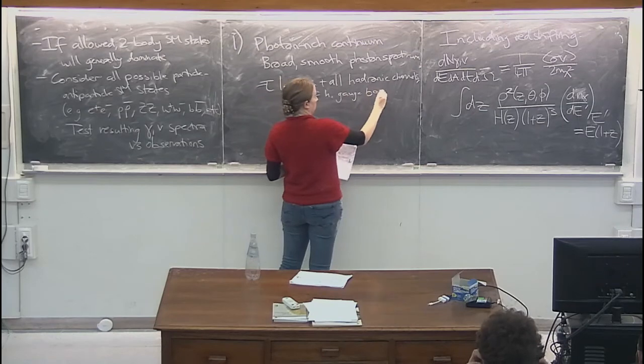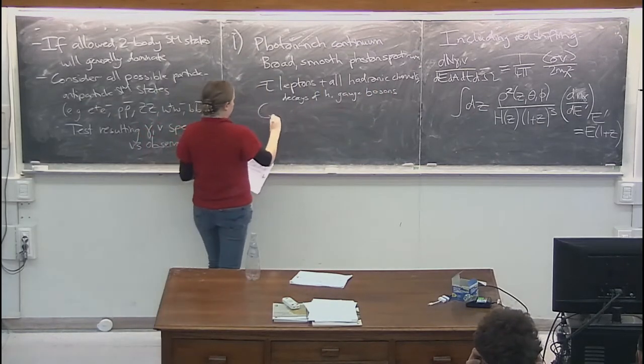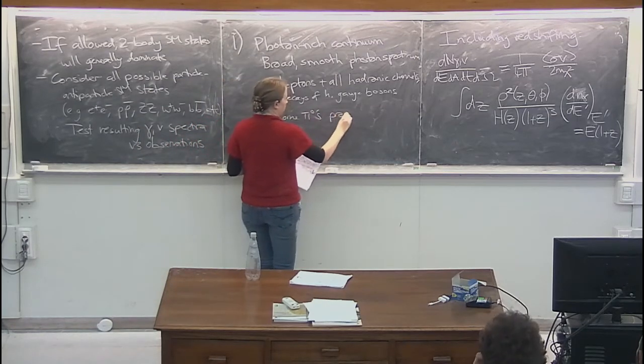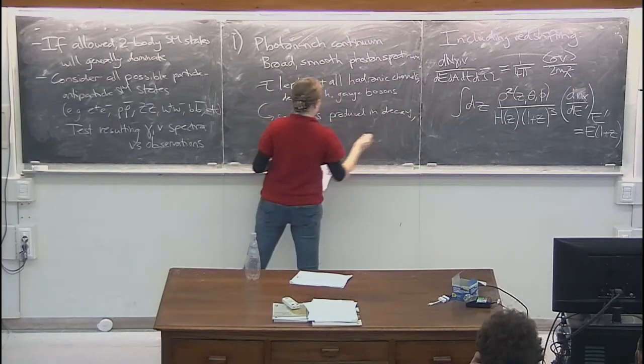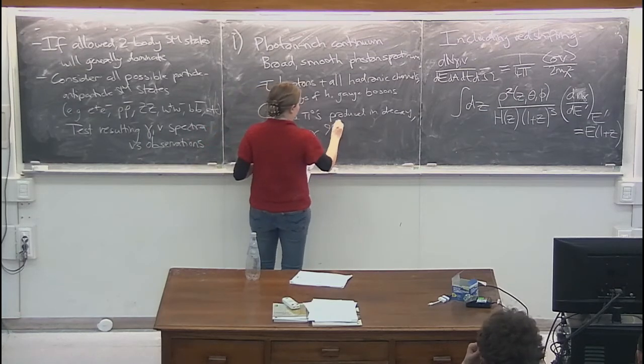So most of the standard model final states, when they decay, there will be some pi naughts produced in the decay, and pi naughts have a gamma-gamma branching ratio of 99%.